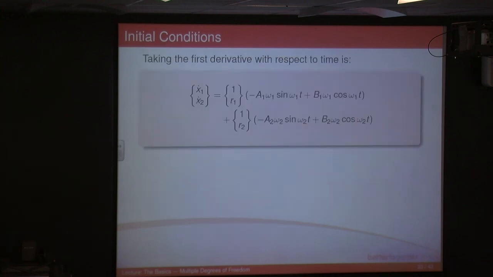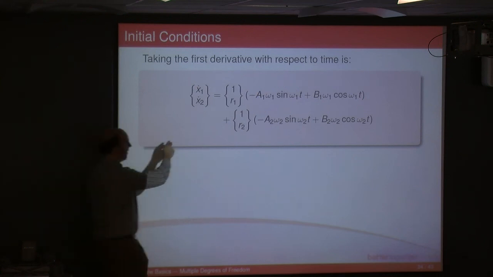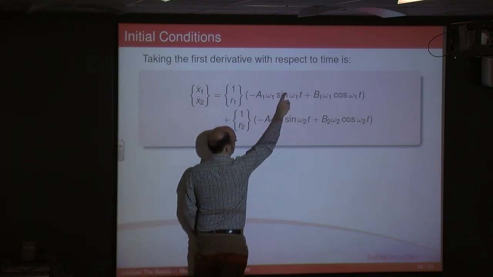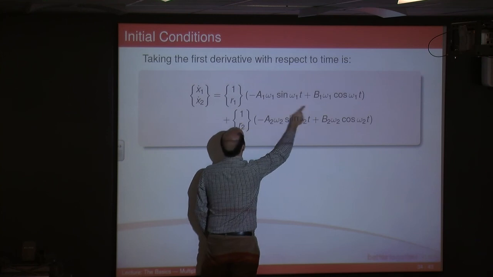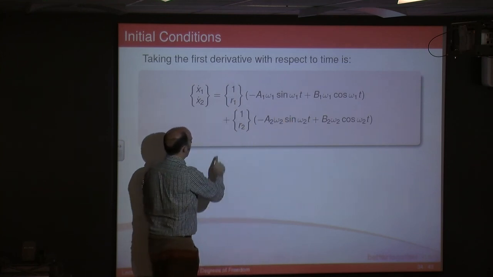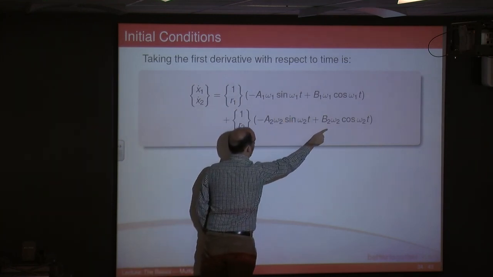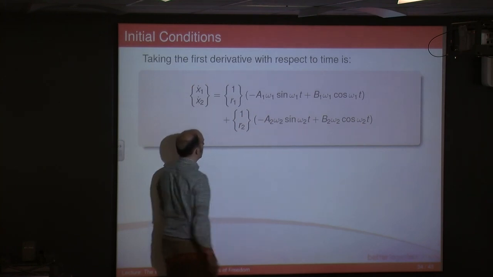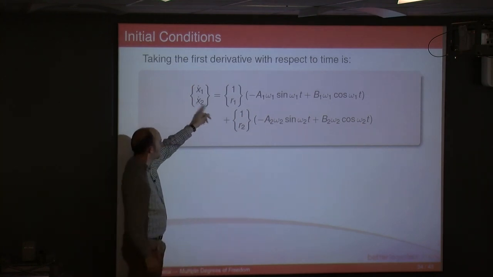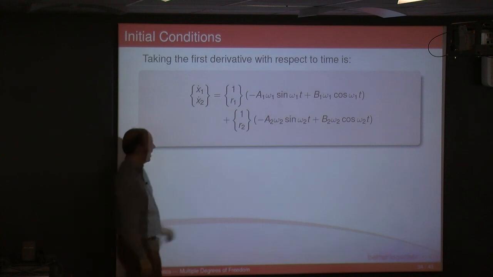And if you do the same thing with the derivative term, x1 dot when time equals 0, obviously this term now disappears. We end up with B1 omega 1 times 1 plus B2 omega 2 times 1 because the sine term disappears. And with x2 you've got the same thing except it's multiplied by r1 and r2 as well.